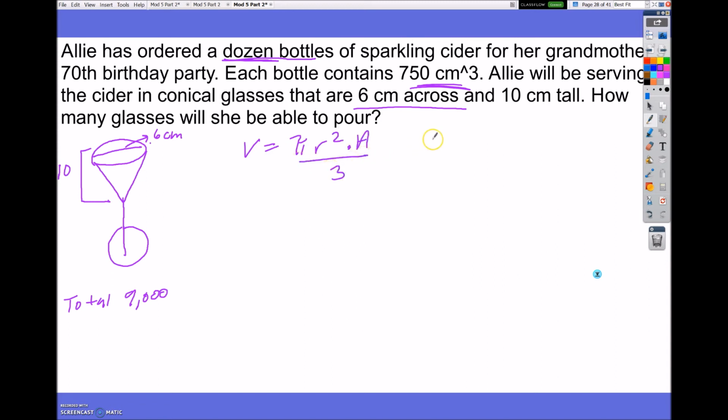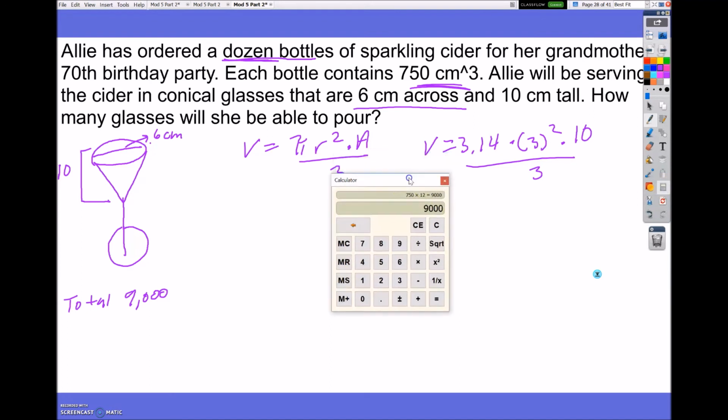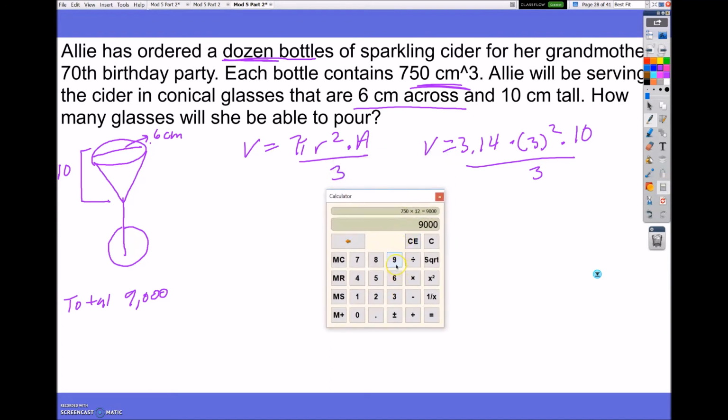So this will give me volume equals 3.14 times, it gives me the diameter, it says it's 6 across, therefore the radius would be 3. And my height is 10. Now I am just going to plug all this information into my calculator. I'm going to have 3 to the second power, which is 9. So 9 times 10, which is 90, times 3.14, which is pi, divided by 3 equals 94.2.